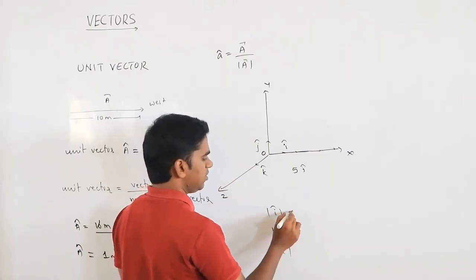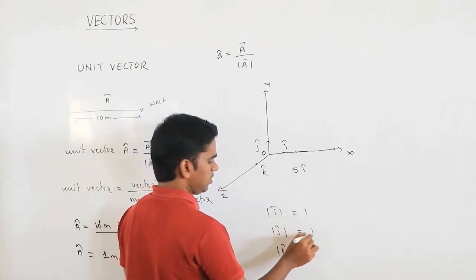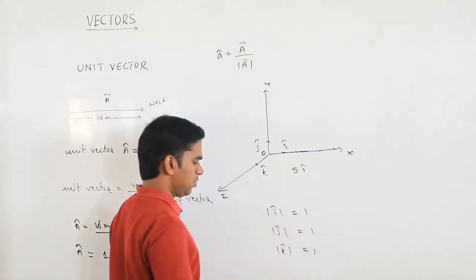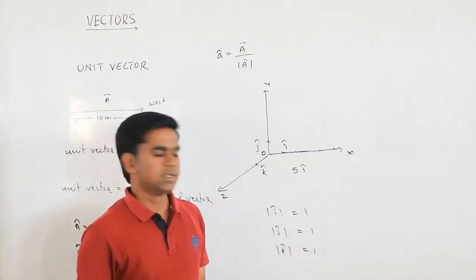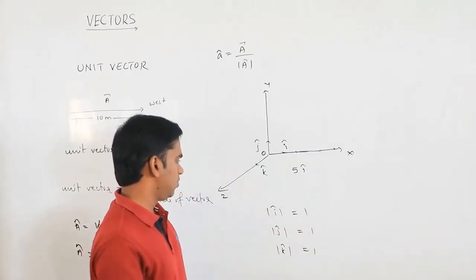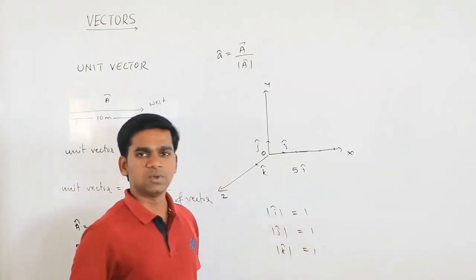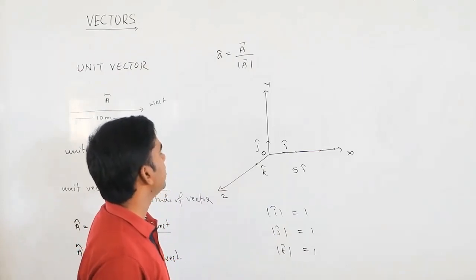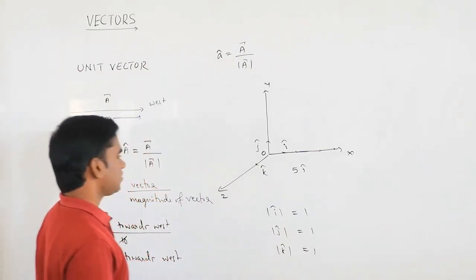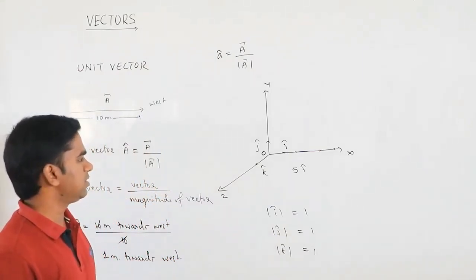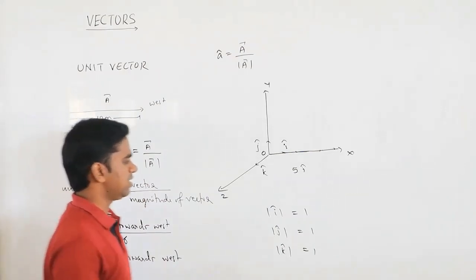Since they are unit vectors, magnitude is going to be 1 only. I hope most of you got the answer. So this is all about unit vectors we discussed in our last class.